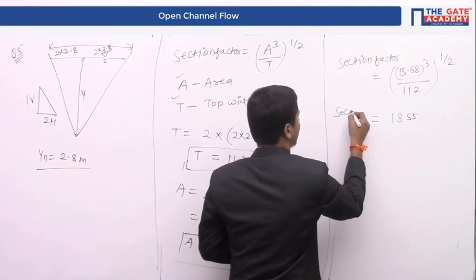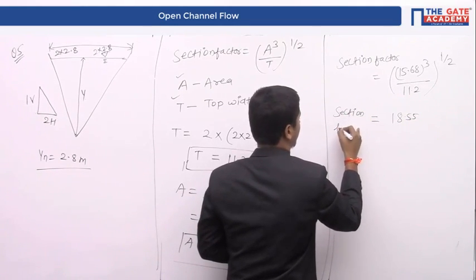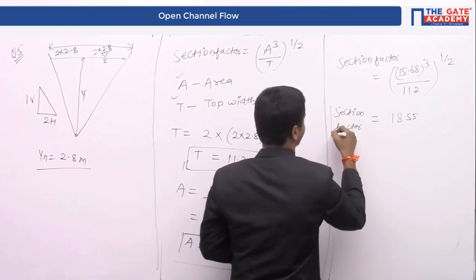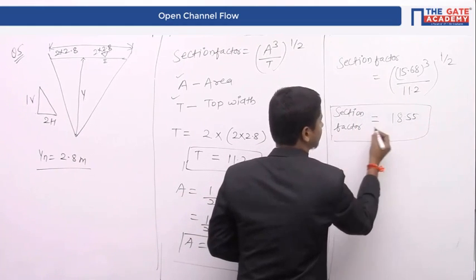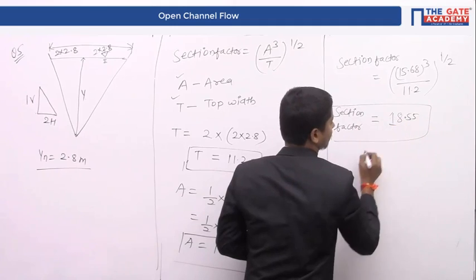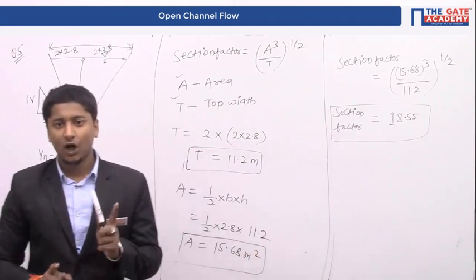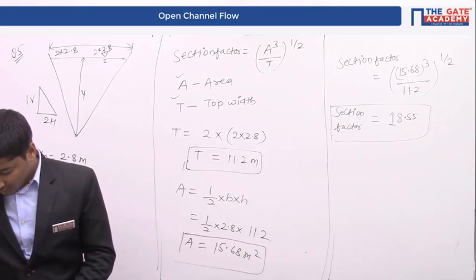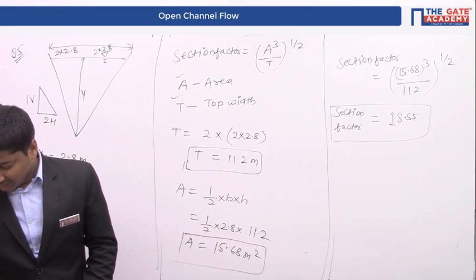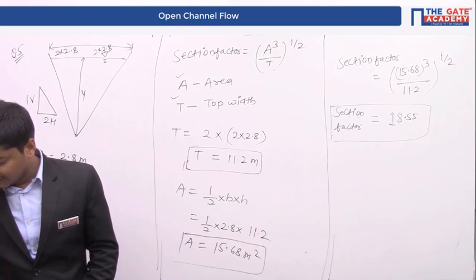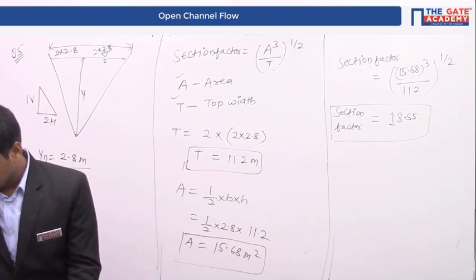This is nothing but the section factor value. If you look at the option part, option A is the correct option.